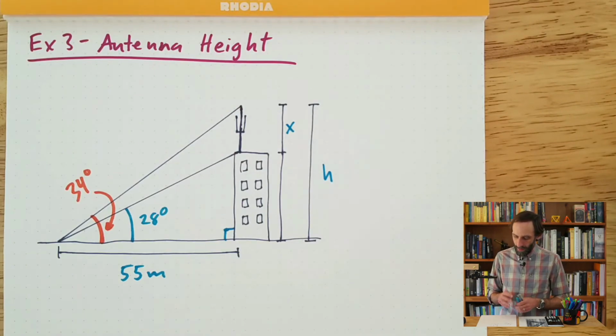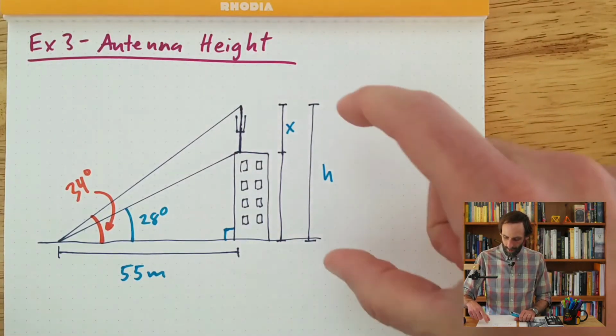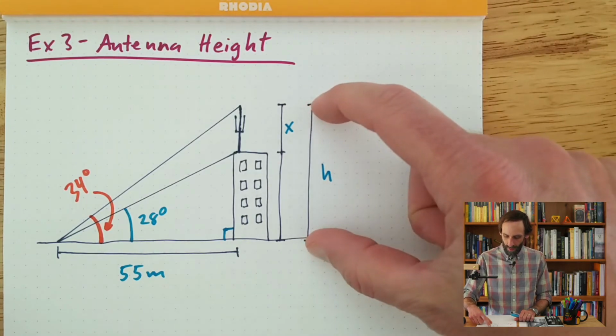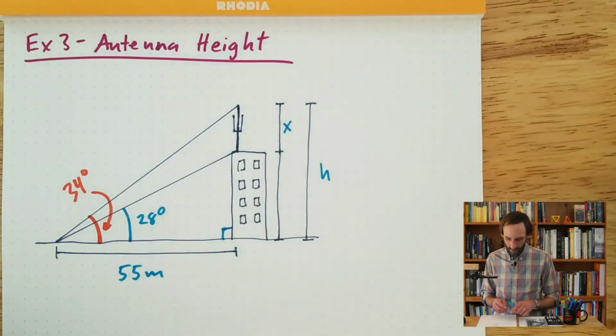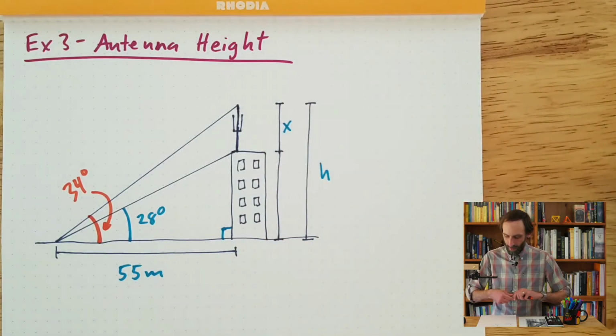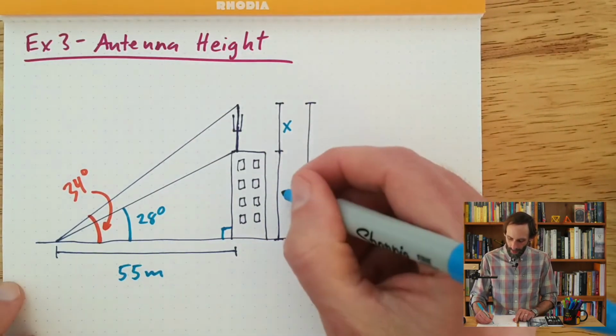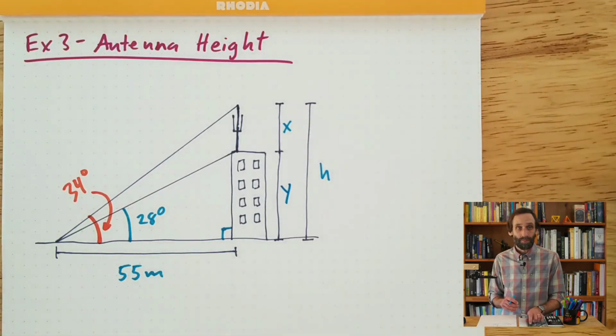So we're going to need to find the overall height, and then we'll also need to find this height in order to find that height. So actually we'll need another variable in there too. We can go ahead and call that one y.